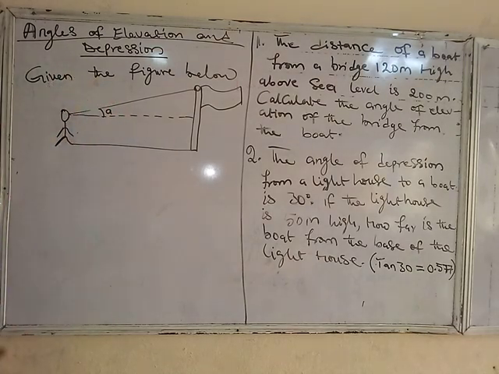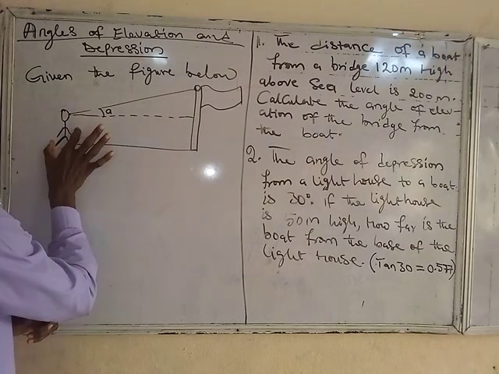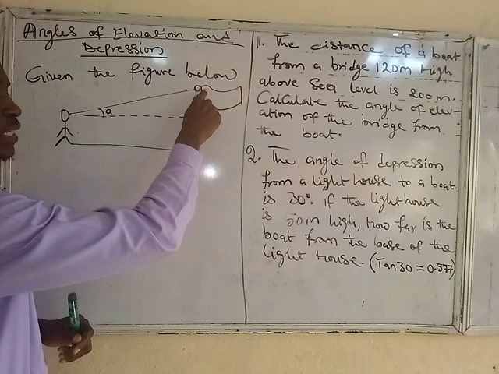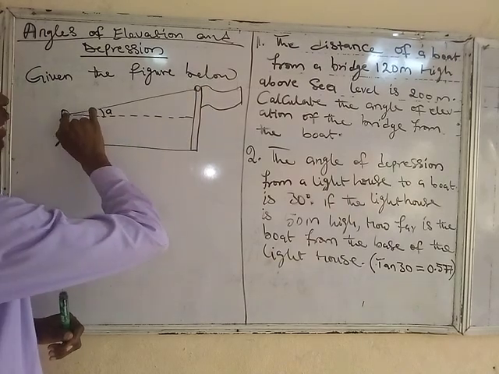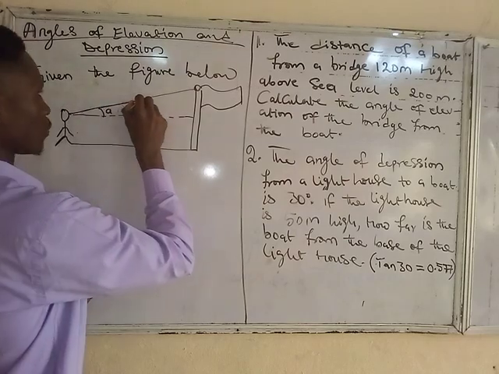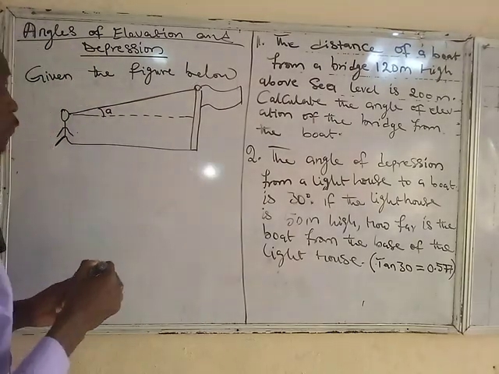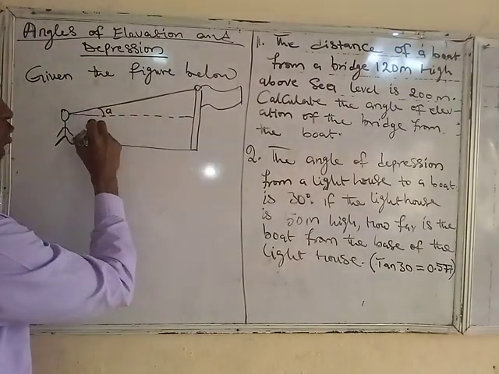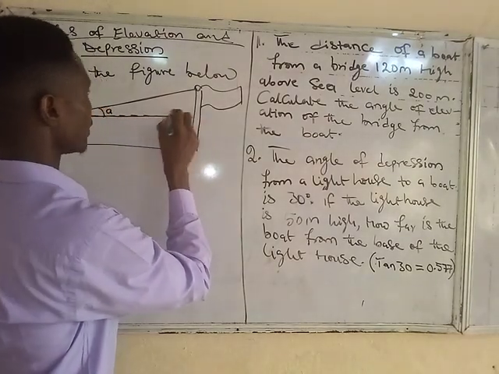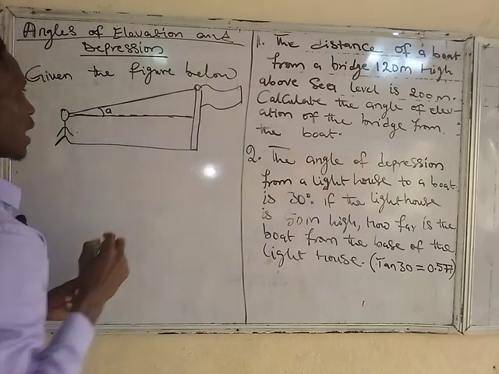Now, from this diagram, you see that this person standing here is trying to look at the top of the flag. So this line of sight forms an angle to the horizontal. This is the horizontal line of sight, and this is the slant line of sight.